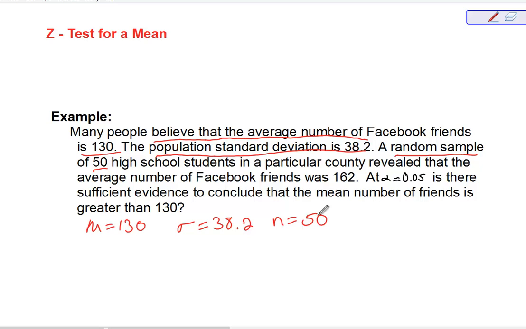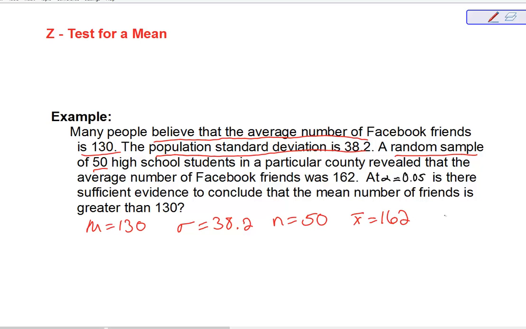Of this random sample of 50 high school students, the average number of Facebook friends was 162. So the sample mean is 162.